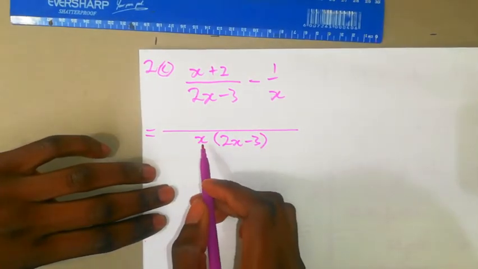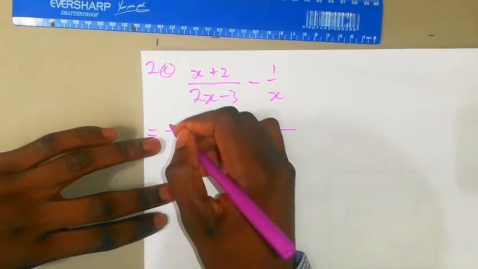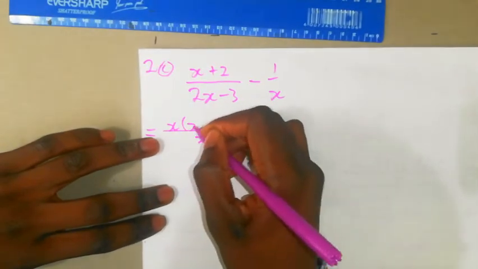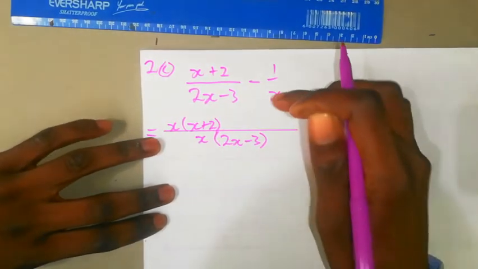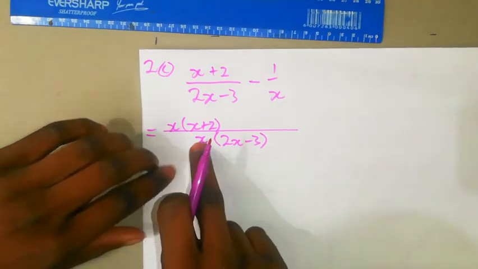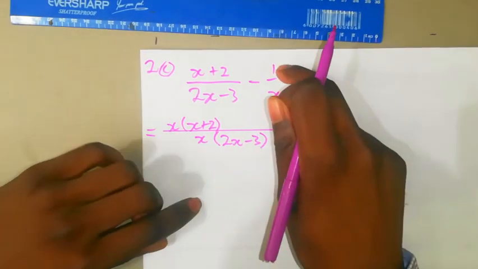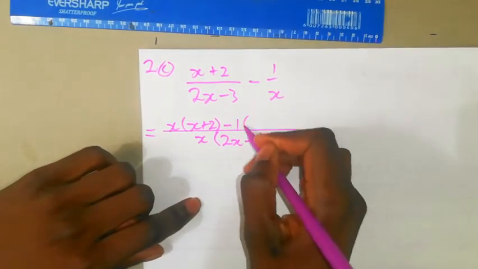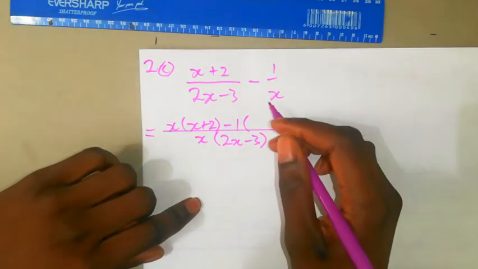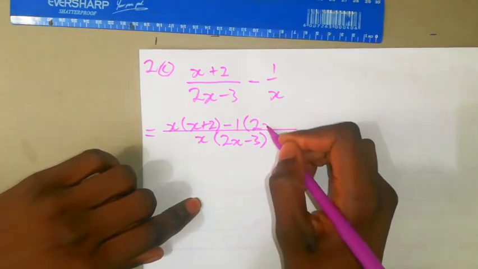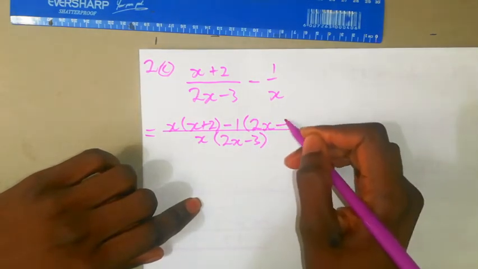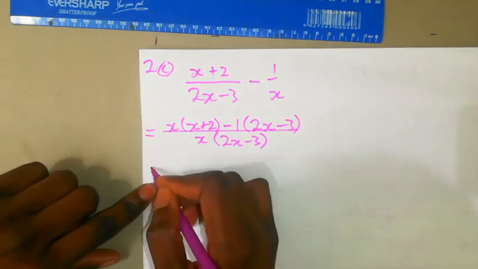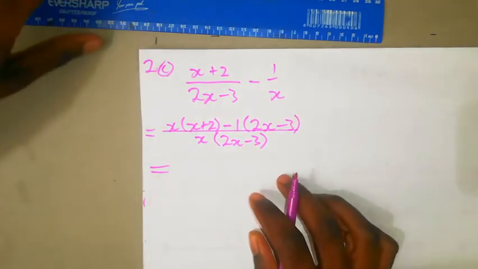I'm going to obtain x times my numerator, that's x bracket x plus 2. Then this one into that one, I'm going to obtain this one times my numerator, that's minus 1 bracket 2x minus 3 close.